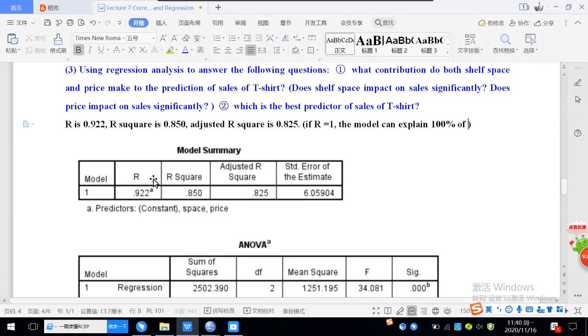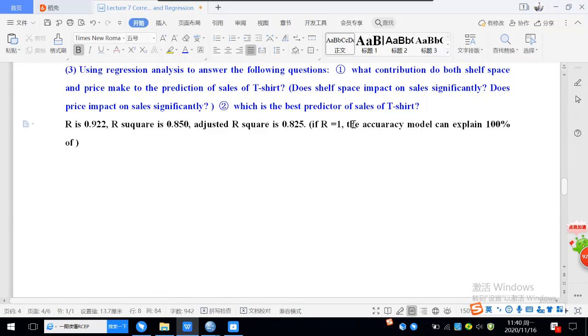So that means the accuracy of the model is 100%.